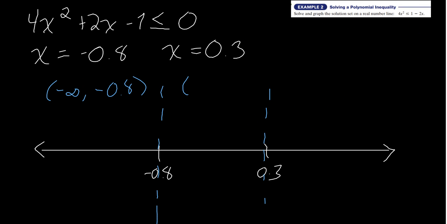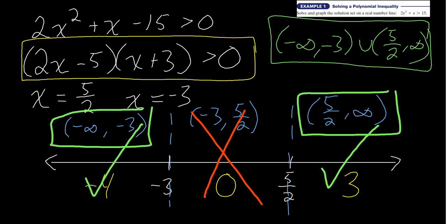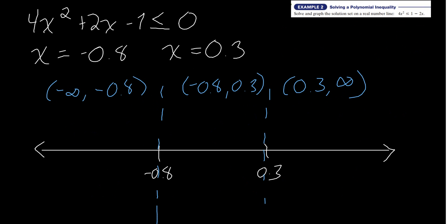And from here, we've got from -0.8 to 0.3, and then from 0.3 to infinity. Sorry, I keep going back and forth because I like to be consistent. It's a thing of mine.